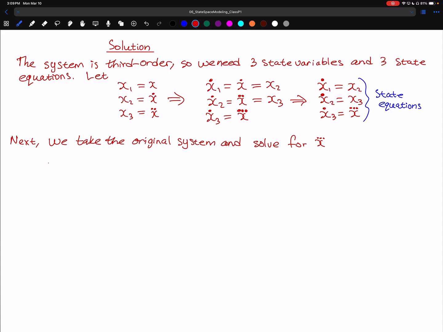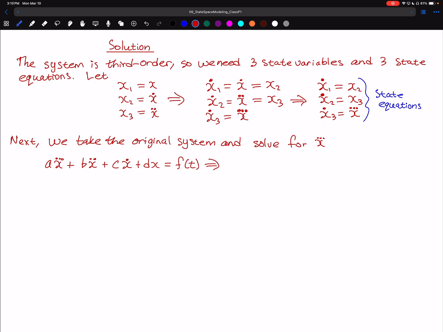So just to rewrite our equation, we had a x triple dot plus b x double dot plus c x dot plus d x is equal to f of t.